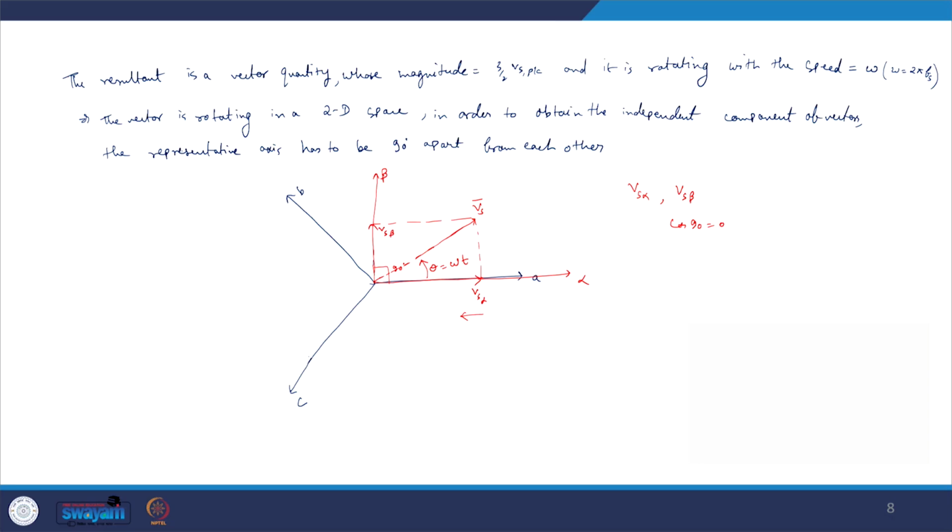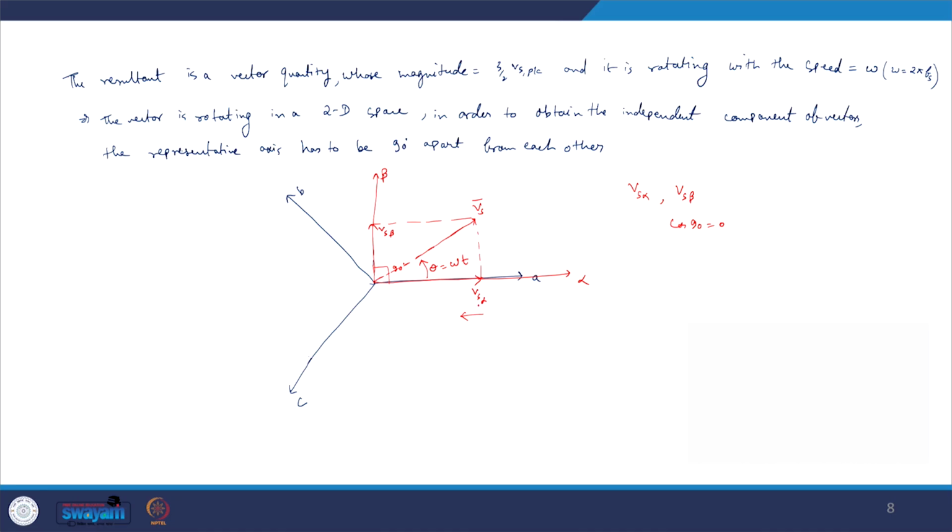So what we are going to do is, we will define this alpha and beta, and we represent this Vs space vector, which is rotating in space with a speed similar to the speed of the voltage variation with respect to time. Then we can take the component of that vector along the alpha and beta axes, which are 90 degrees apart from each other, and actually independent of each other.